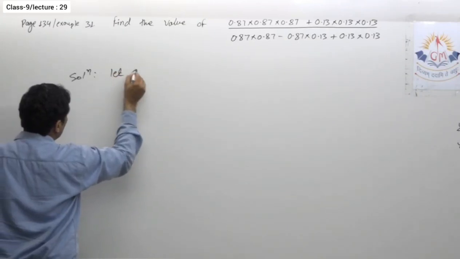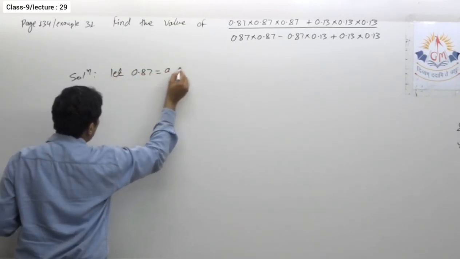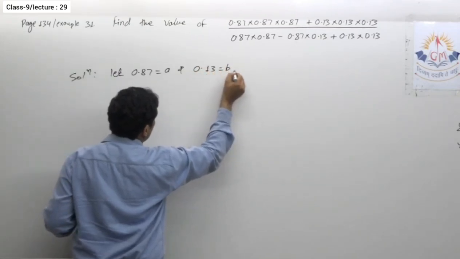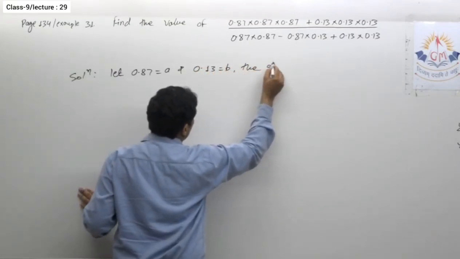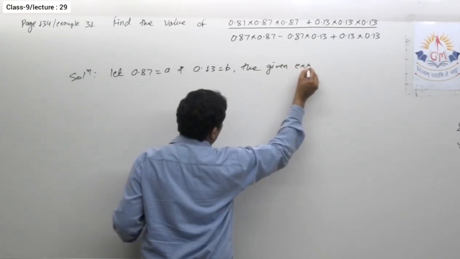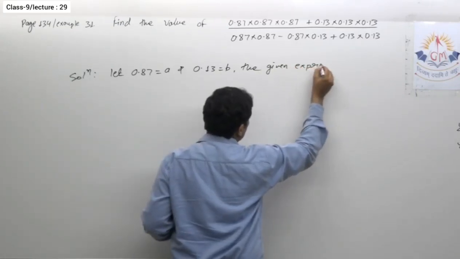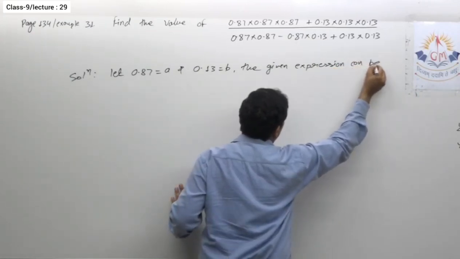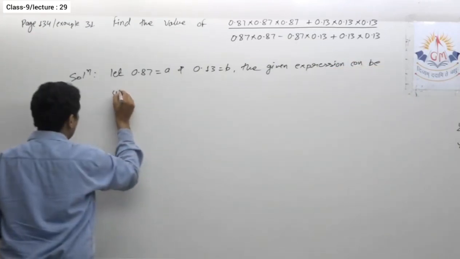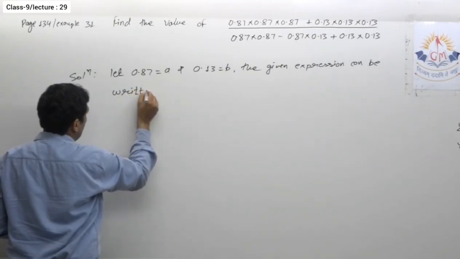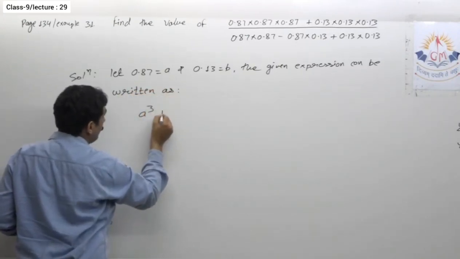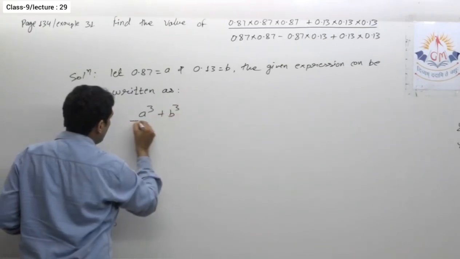Let 0.87 be equal to a and 0.13 be equal to b. Then the given expression can be written as a cube plus b cube in the numerator.